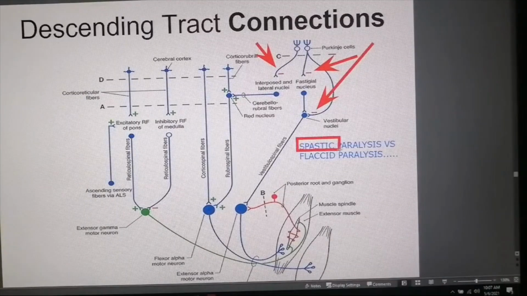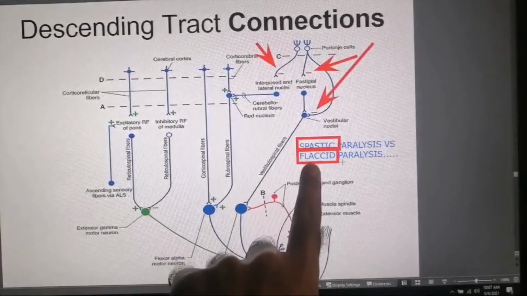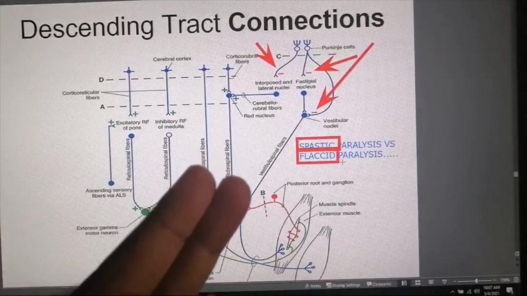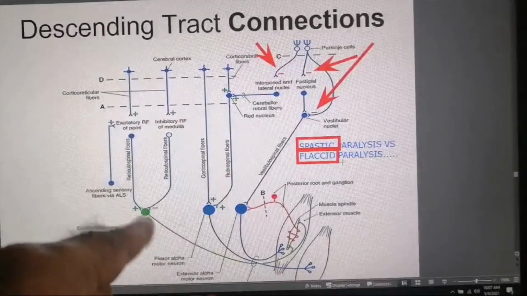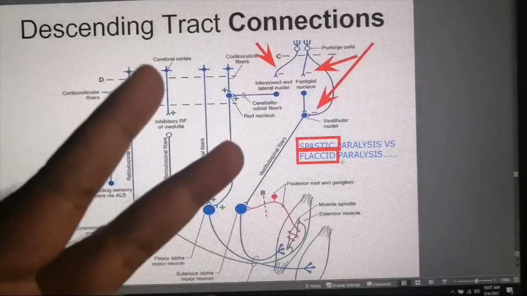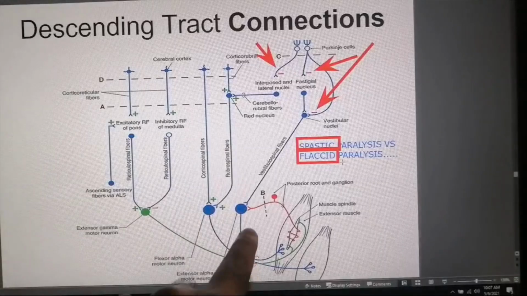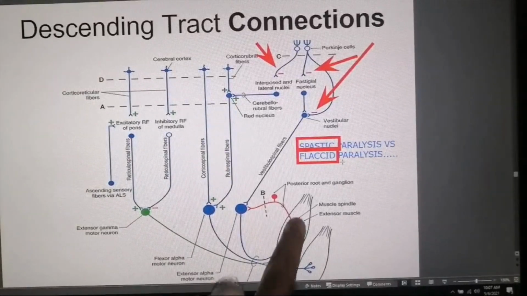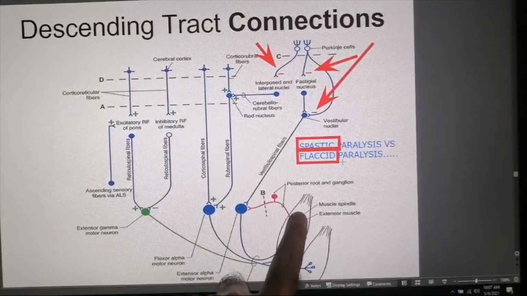We just discussed spastic paralysis, but there is a flaccid paralysis as well. Flaccid is when you cut the nerve. So all of this is upper motor neuron lesions. When you do a lower motor neuron lesion, you cut the nerve. You cut this nerve here. When you cut this nerve, this muscle will again go into paralysis.